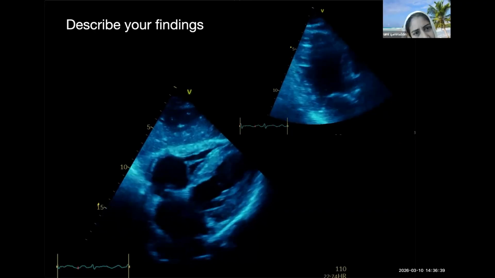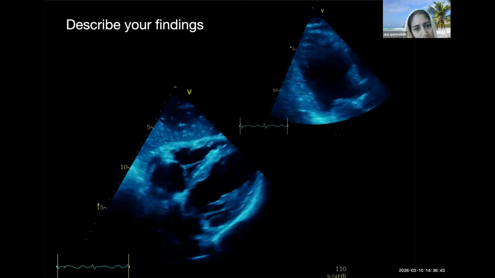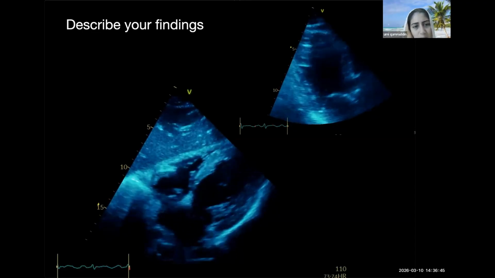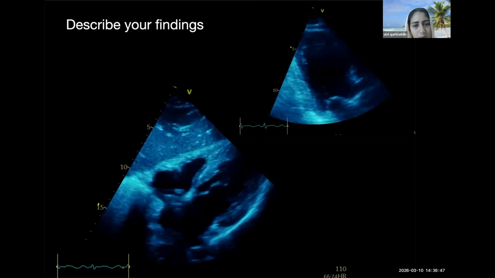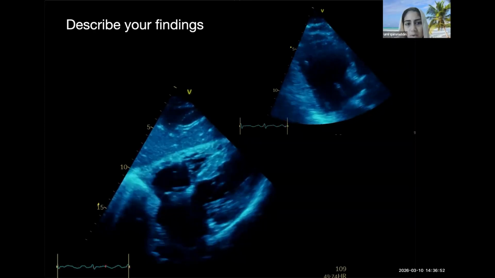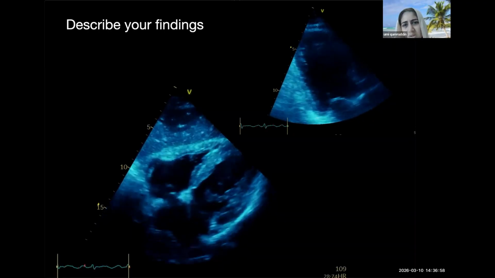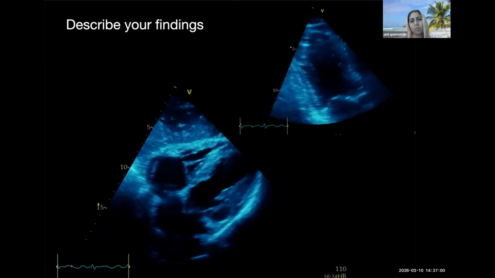Basically on this image, we can see that the RV and LV function are both reasonable. I can't really comment much on anything else beyond that. The main focus will be the RV, and the RV function looks normal in this one image I've got. And then this apical three, I'm not sure what's the right view.